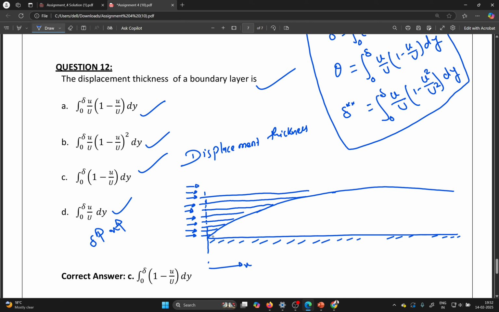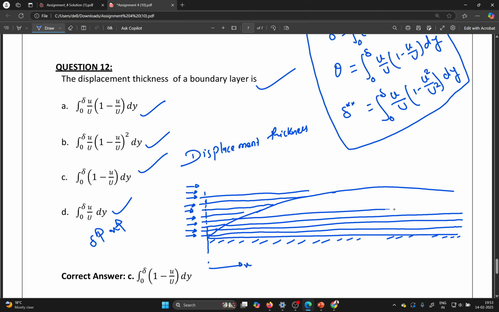The streamline goes a little bit outward. Why? Because of maintaining the conservation of mass. And how does conservation of mass work? I just want to show you. Wait a few minutes.